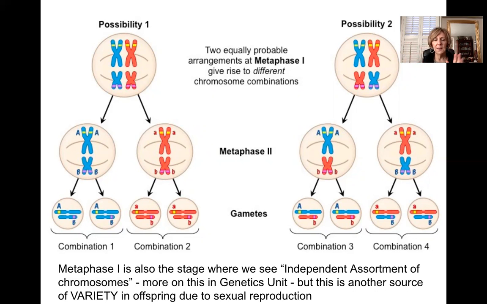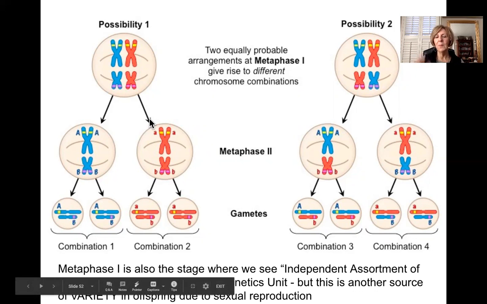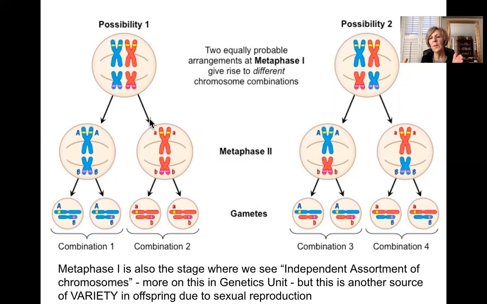Okay, so let's look at this just for a second. Again, we've got this cartoon thing going on where blue means chromosomes that came from the dad, and red means chromosomes that came from the mother. Let's take a look here.